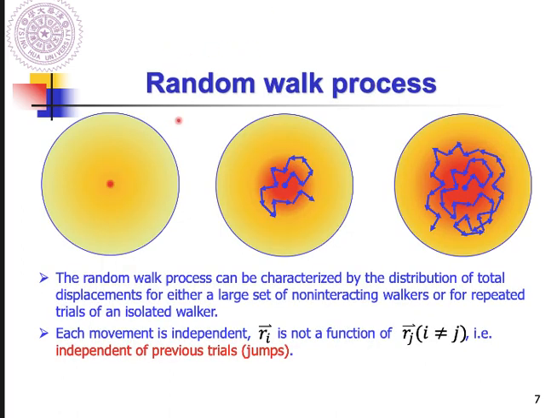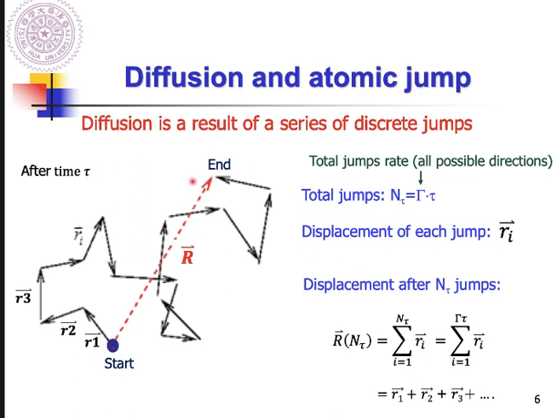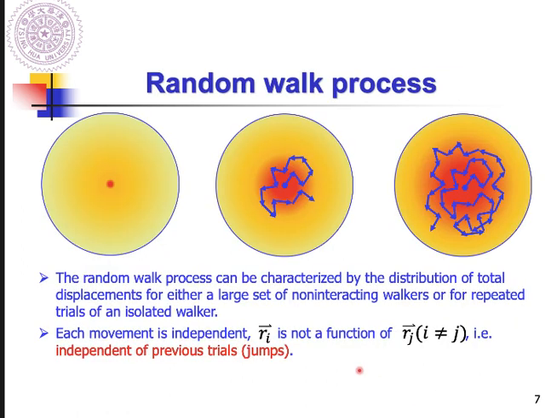So let's give you an example. Some people will say, why don't we use the vector capital R to correlate diffusion and atomic jumps, because it shows this relationship for sure, as it has the summation of each jump.